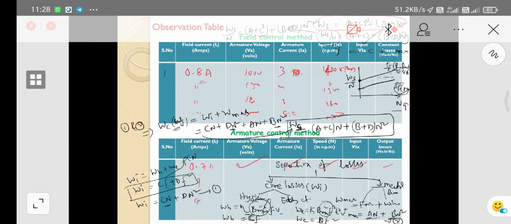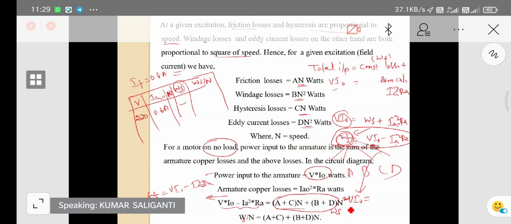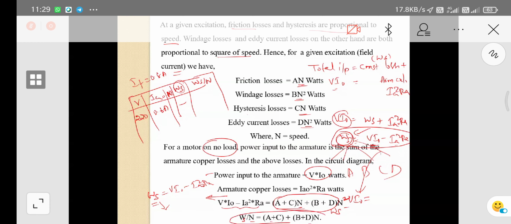So dividing by N, Ws by N is equal to A plus C plus B plus D times N, taking N common. This is only for the rated field current.